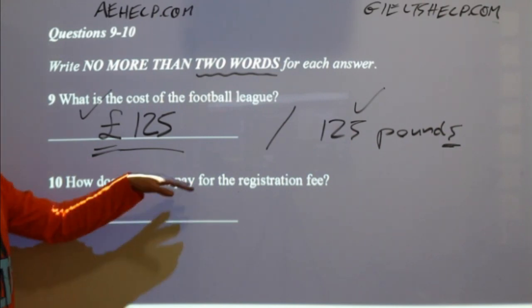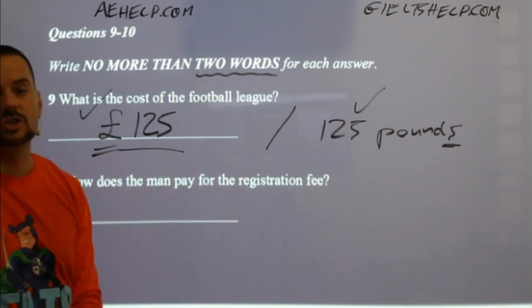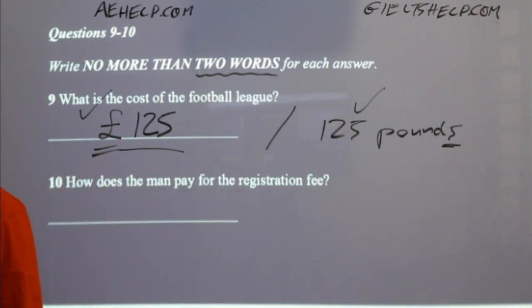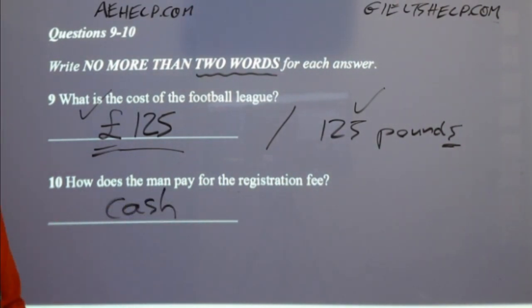How does the man pay for the registration? So how does the man pay for this registration? Credit, cash, check, Bitcoin, cryptocurrency? It's cash, right? Cash, not crypto. It's just one word. In cash is okay. If you write in cash, that's fine. You won't lose marks.